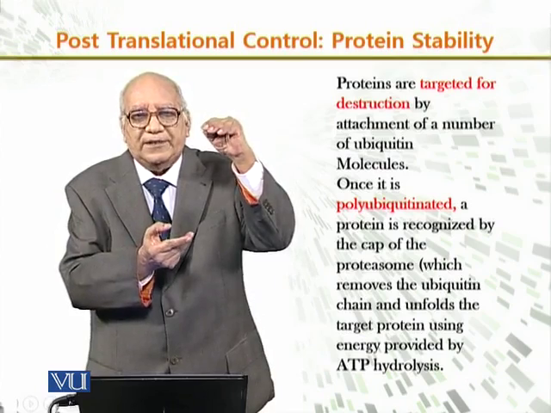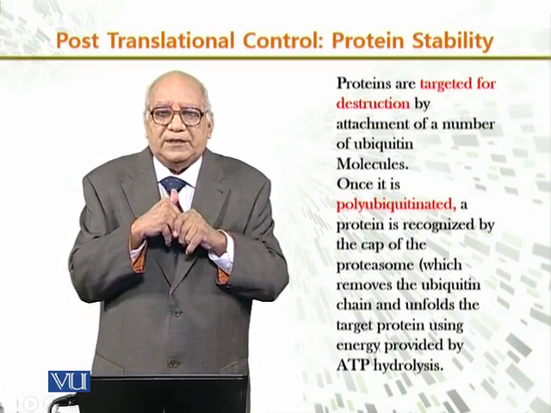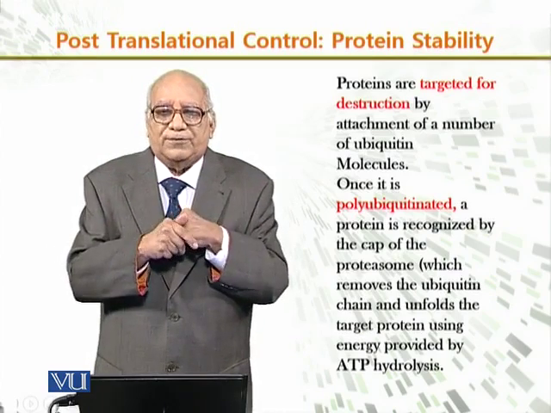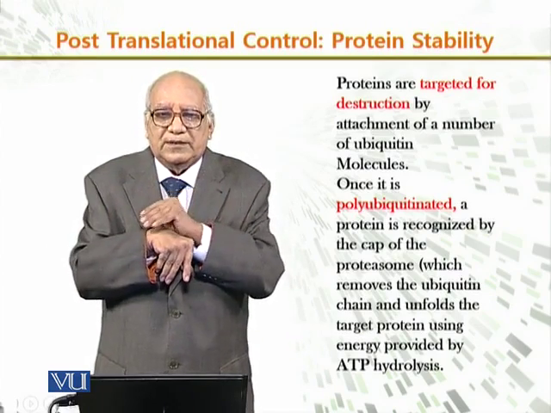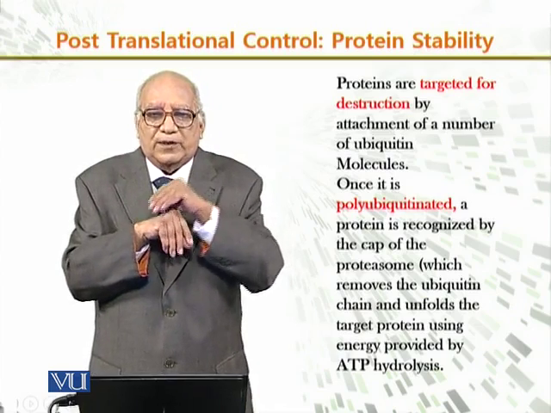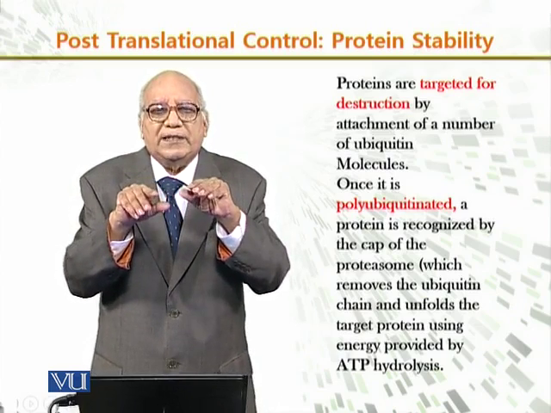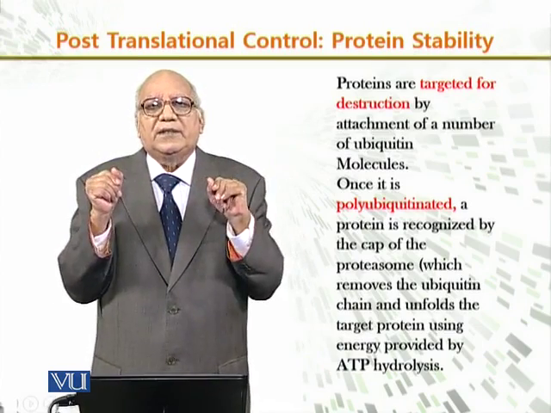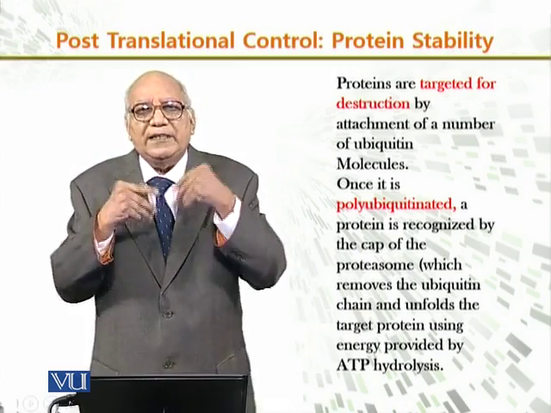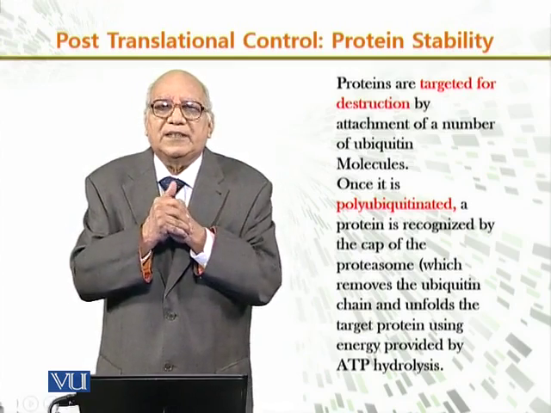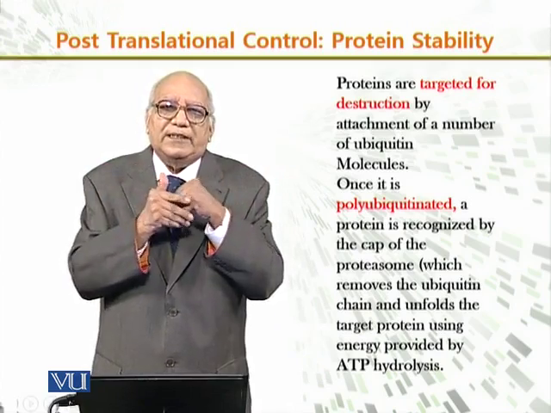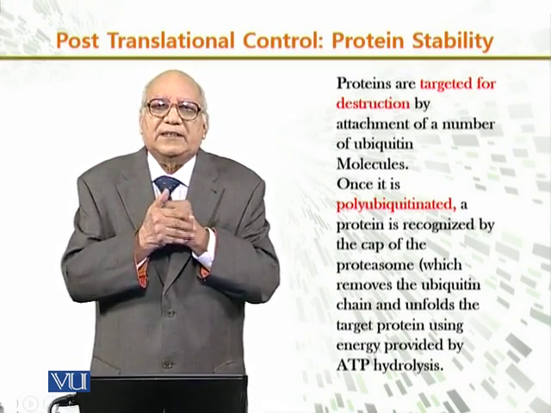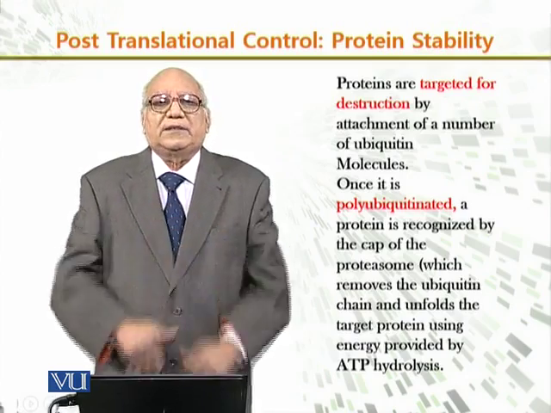The proteasome removes the ubiquitin chain and unfolds the target protein using the energy provided by ATP hydrolysis, and the protein is destroyed. So you see how interesting a mechanism this is, that unwanted proteins are destroyed. The cell gets rid of them and regulates the proteins. Thank you.